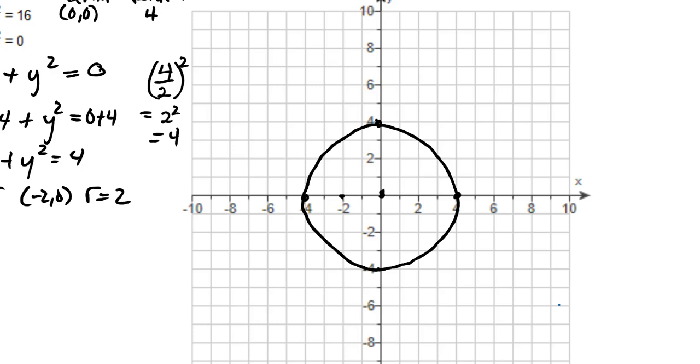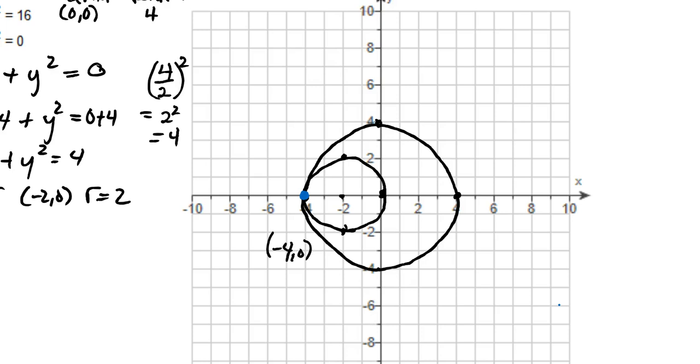I'll go 2 in each direction. And I'm looking for the intersection point to solve the system, and we have an intersection point right here at -4, 0.